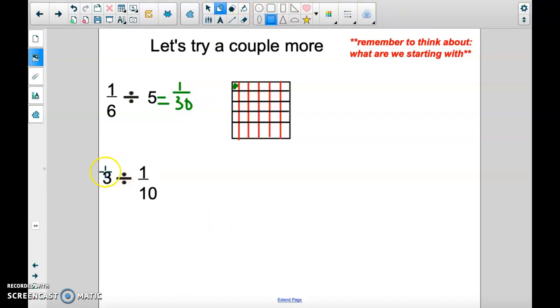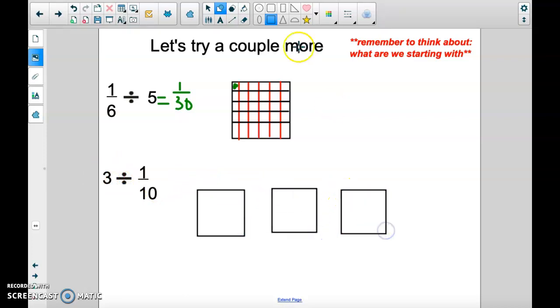Okay. Now, this one, I'm starting with 3 wholes. So I'm going to draw 3 wholes because that's how much I'm starting with. And then it wants to know, all right, how many 1/10ths are in 3 wholes? Well, I'm not going to draw tenths, y'all. That would take a long time for me. But I know in one whole that there are 10 tenths. And in fact, in all of these, there are 10 tenths.